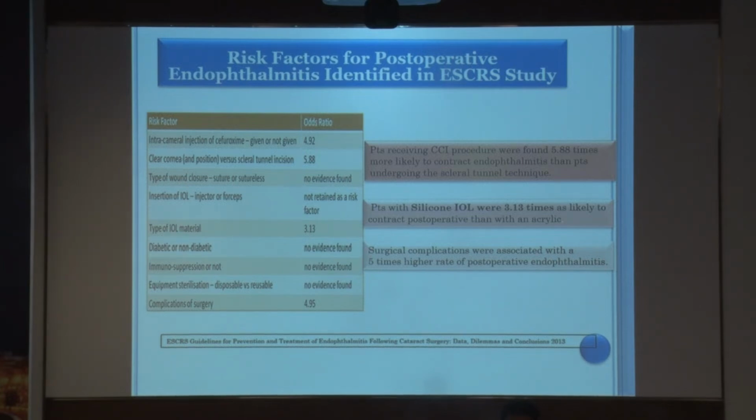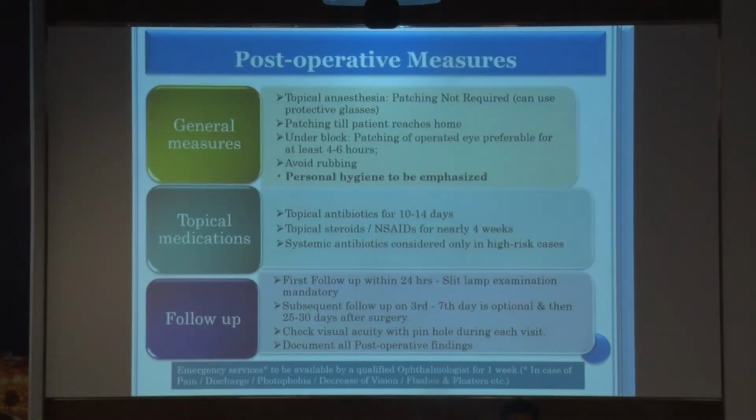Then some IOL related stuff was also seen, that silicone had more adhesion, it is a known thing that silicone attracts adhesion of all these molecules and all these microbes. So they reported that 3.13 times the risk of endophthalmitis was higher if silicone IOL was used. But these days we are not using silicone IOL, so that doesn't carry much meaning.